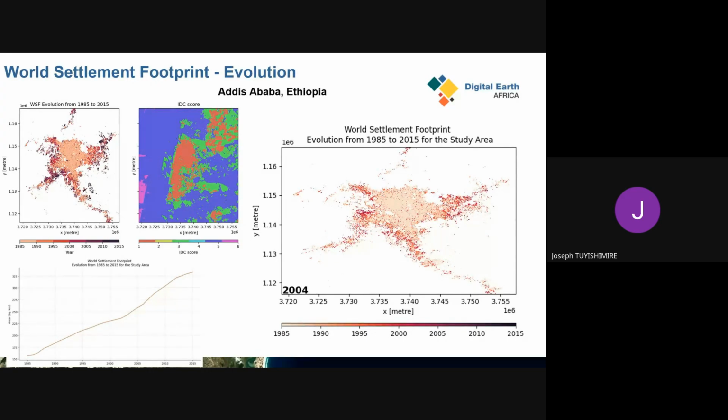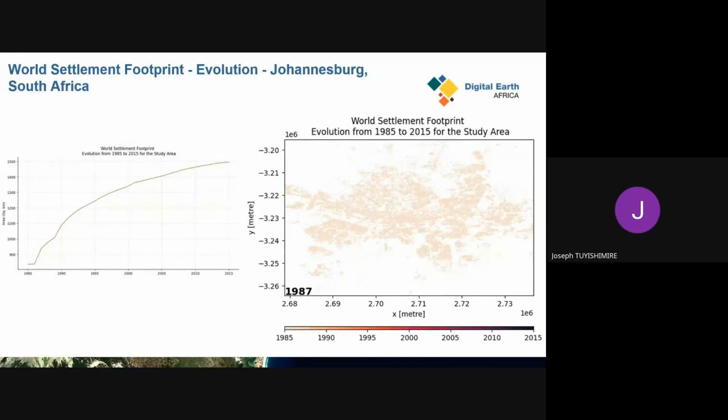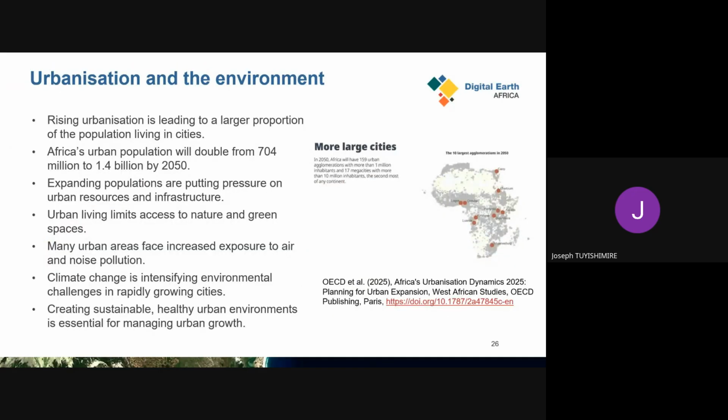When I was exploring, I saw some buildings that were appearing in aquatic areas around Lagos City in Nigeria, and this could be detected using remote sensing, once again using the JRC method.